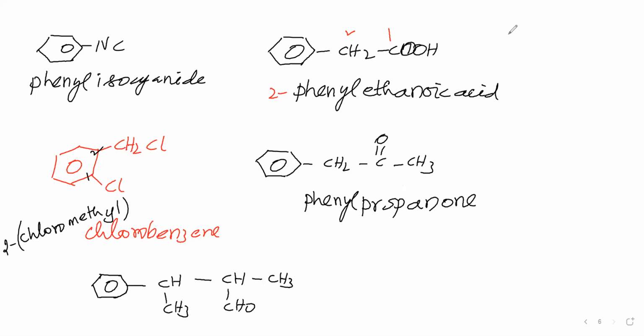Now let us select the parent. Parent is this one. Now we will give numbering. Numbering, in the sense, the aldehyde carbon is given number 1. It is number 2, number 3, number 4. So we have given numbering. Now this CH3 is attached at 2, therefore 2-methyl.